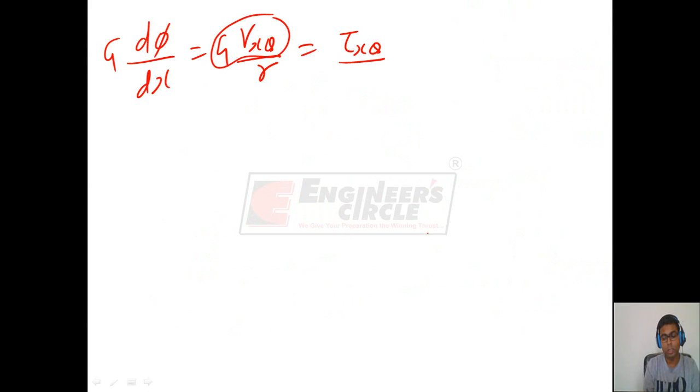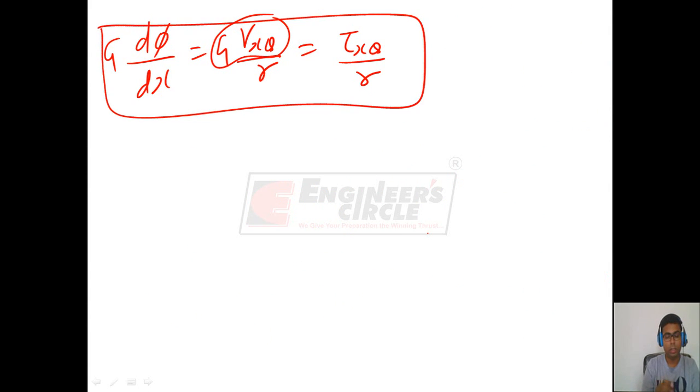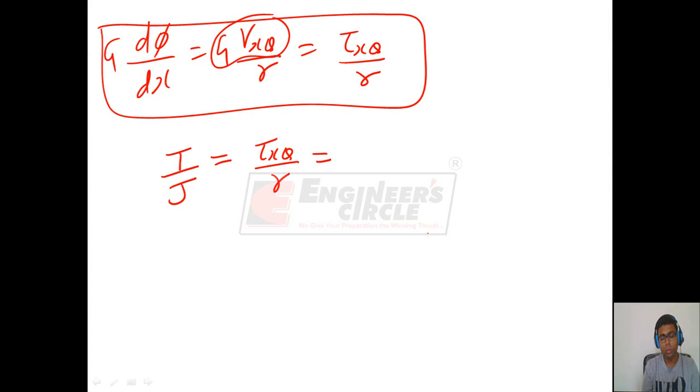Therefore, we can write tau x theta by r. So using this equation and the torque equation, we can write T by J is equal to tau x theta by r is equal to G into d phi by dx.